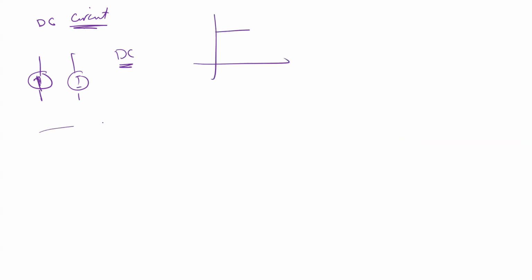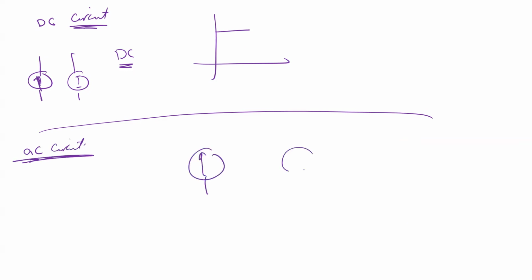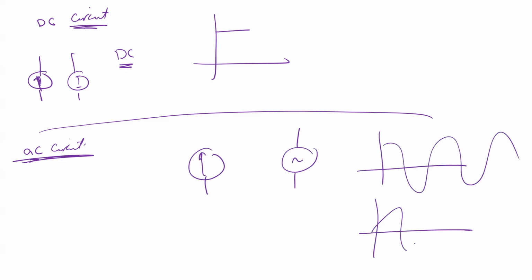Then starting from the last chapter, I started to explain how you can analyze AC circuits. In AC circuits, any current source or voltage source is sinusoidal, that's cosine or sine. They change over time, and we are focusing on sinusoidal voltages or currents.